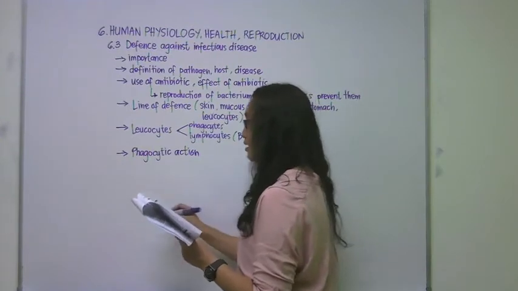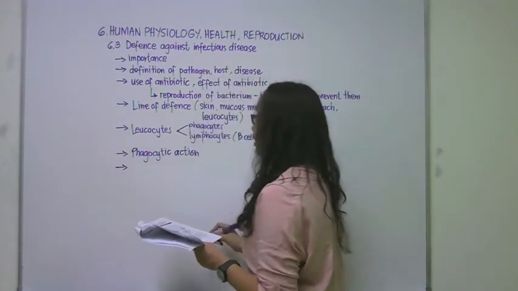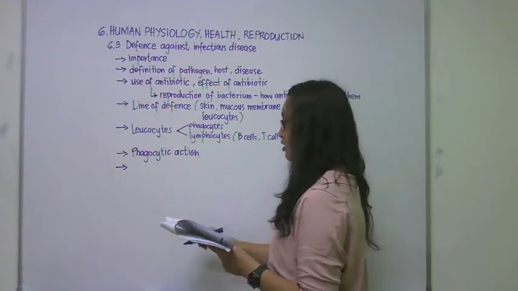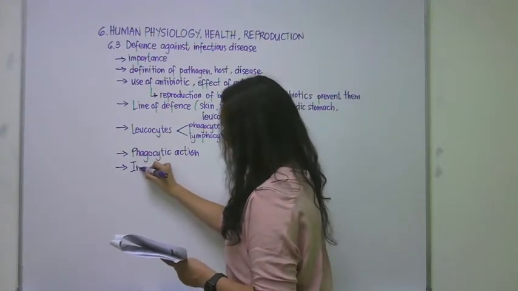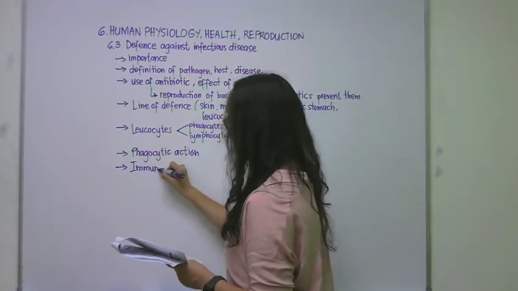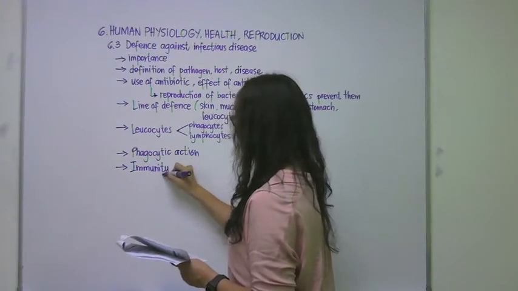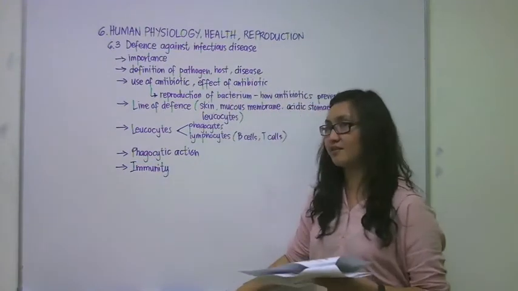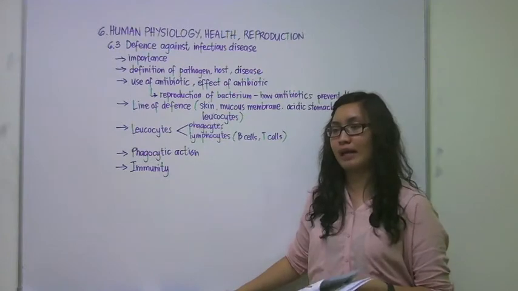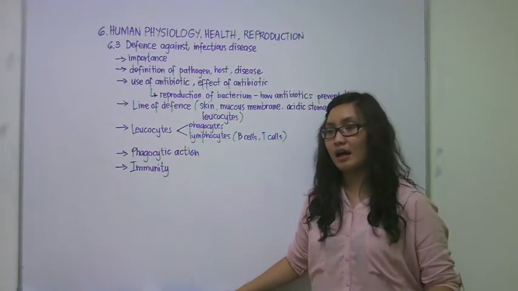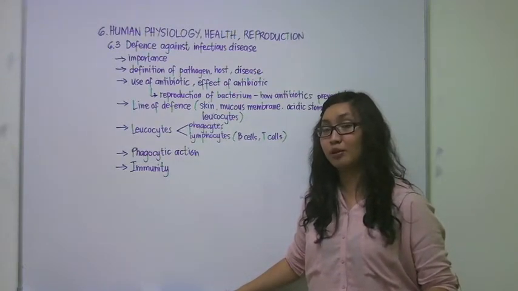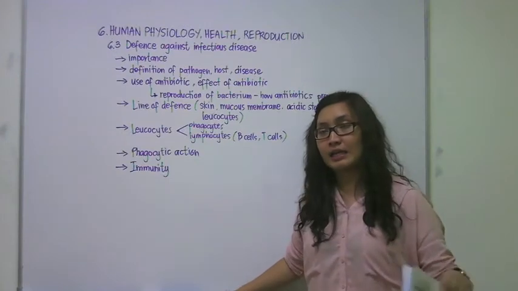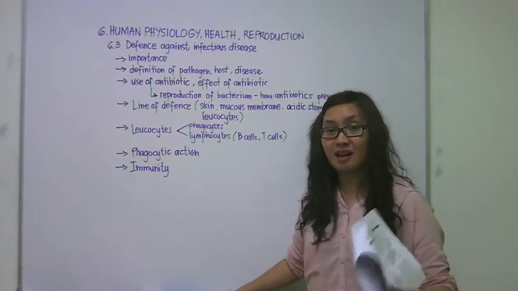So the next area. Once we have already discussed phagocytic action, we need to discuss immunity. In the case of immunity, this is when the body is already able to distinguish any non-self substance from a self substance.